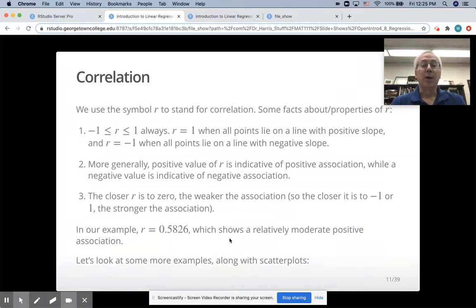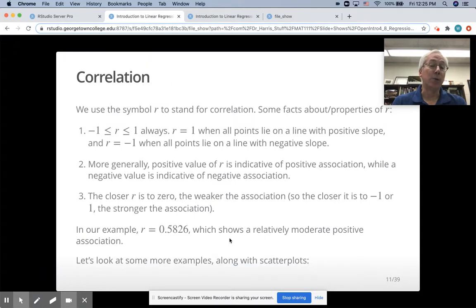Positive values of r indicate positive association, negative values indicate negative association. But strength is measured by how close r is to the edges of this interval from -1 to 1. When r is closer to 0, that's an indication of weak association. When it's close to -1, that's a stronger negative association.